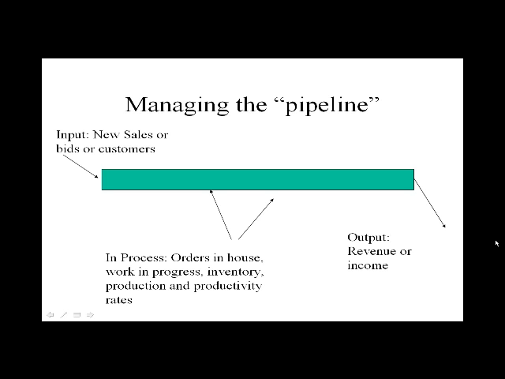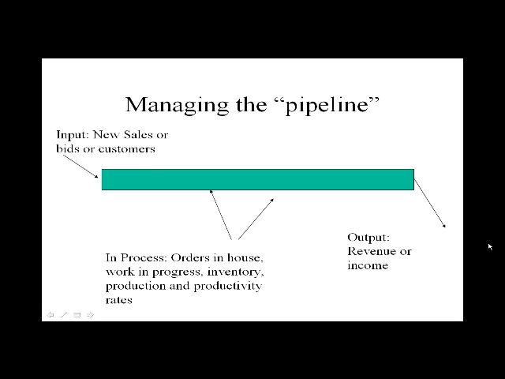The issue is that if you are looking only at the right side of the chart over here and you are measuring only output, which in a business is typically measured in revenue or income, profit, and suddenly you see that the profits went down, the revenue went down, that's a problem. But where is the problem?